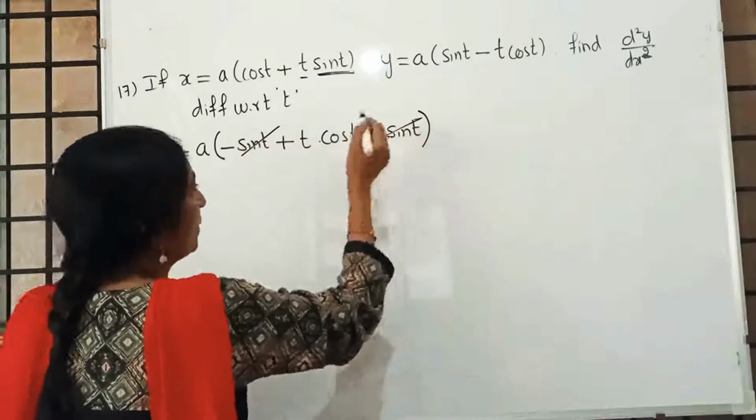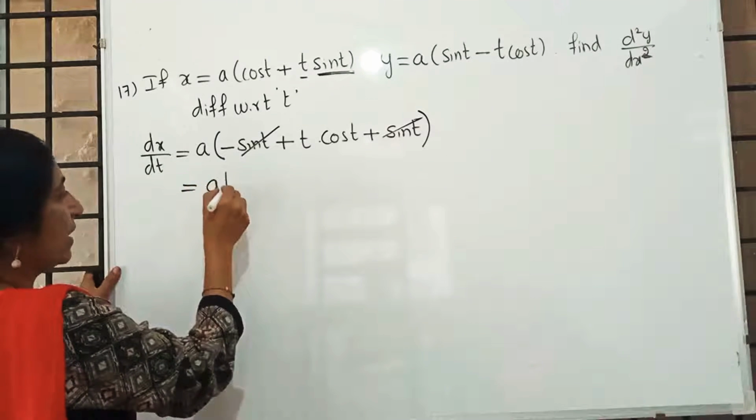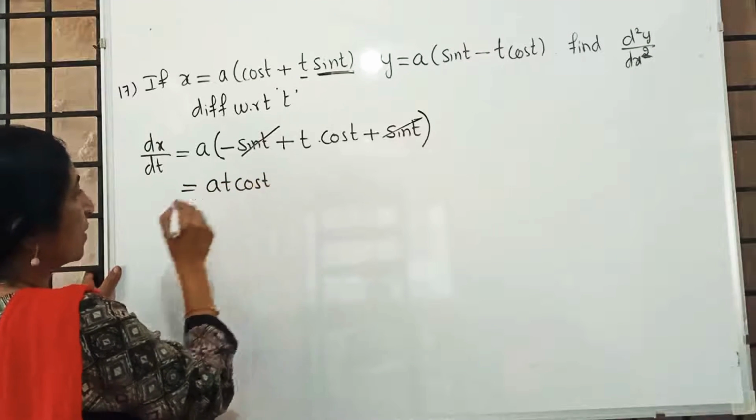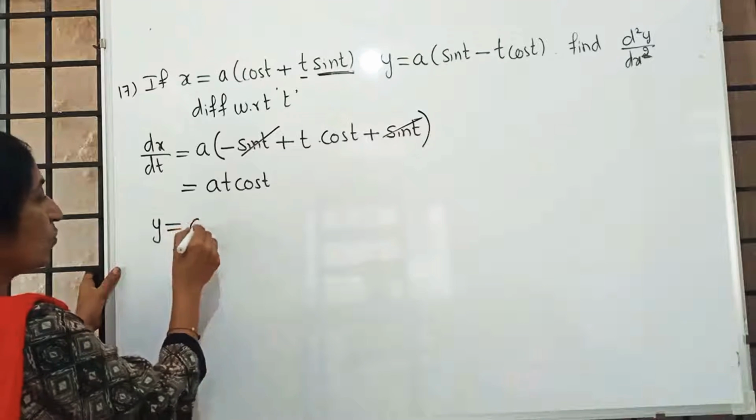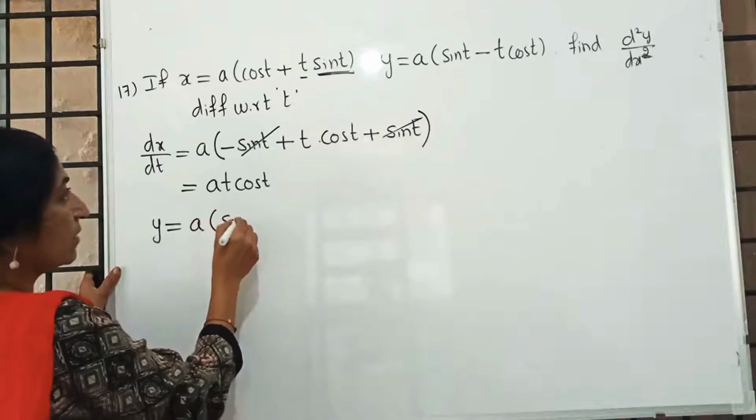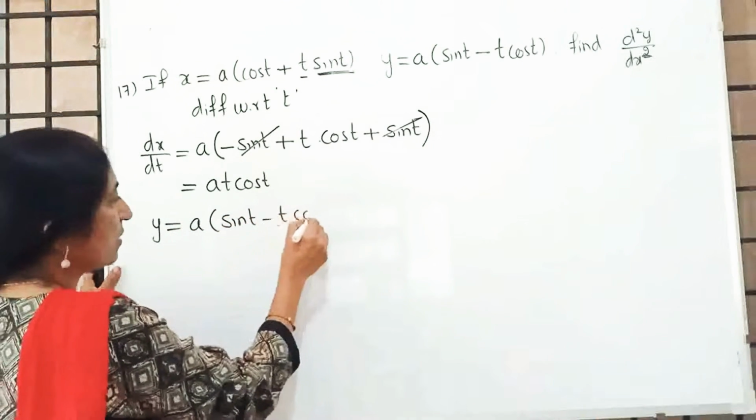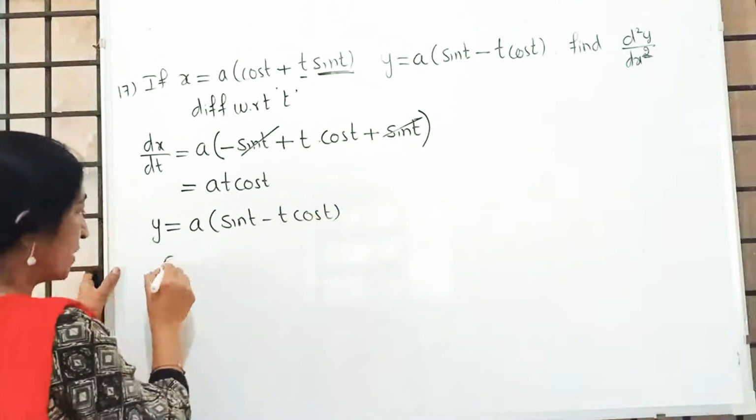Minus sin t plus sin t cancel, it is a t cos t.